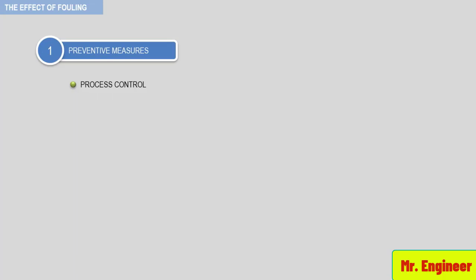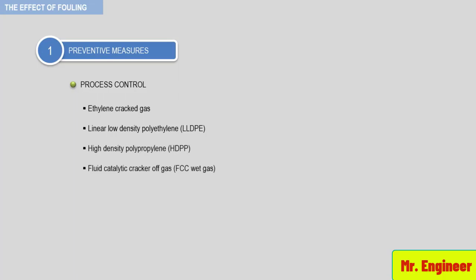If you work in a refinery or a petrochemical plant, then the following applications can be affected by excessive process temperature: ethylene cracked gas, linear low-density polyethylene, high-density polypropylene, fluid catalytic cracker gas, thermal catalytic cracker gas, and coker gas.